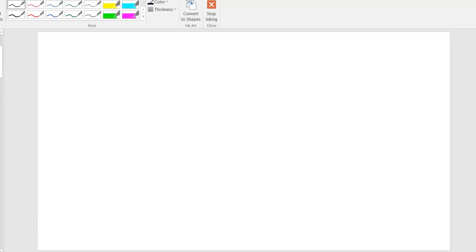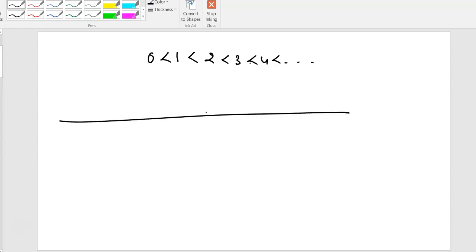So we know, in case of whole numbers, that 0 is less than 1, less than 2, less than 3, less than 4, and so on, right? Let's see it on the number line: 0, 1, 2, 3, 4.